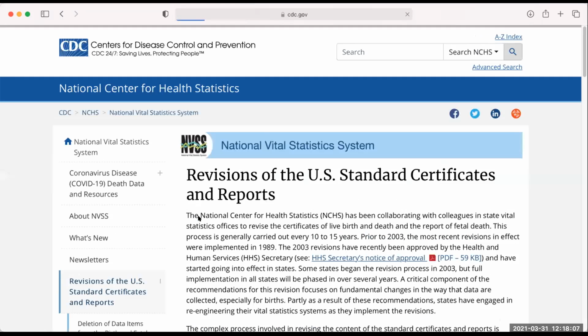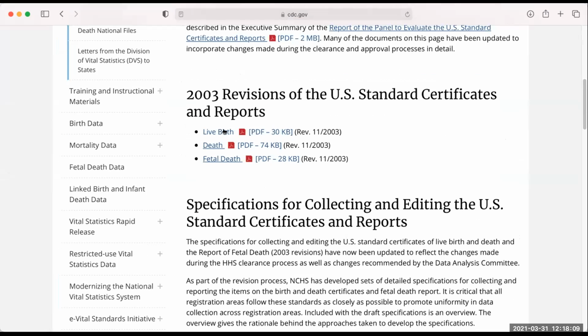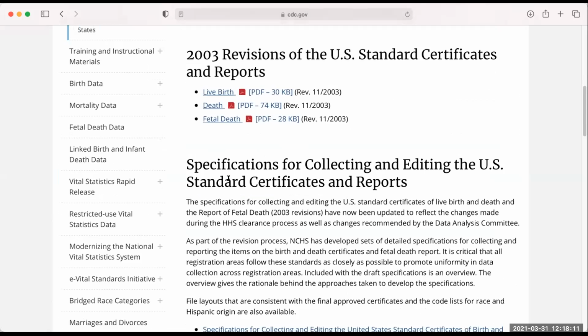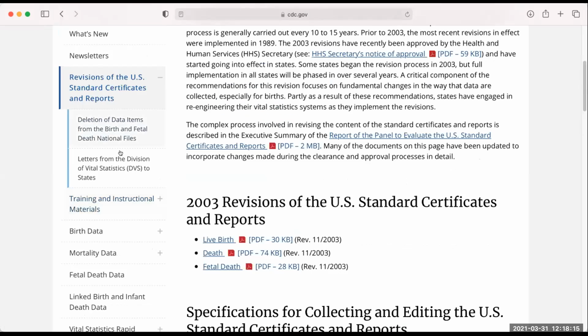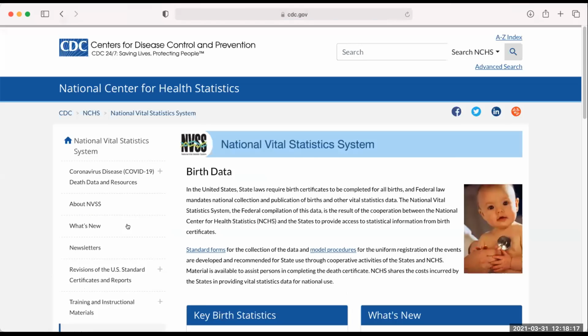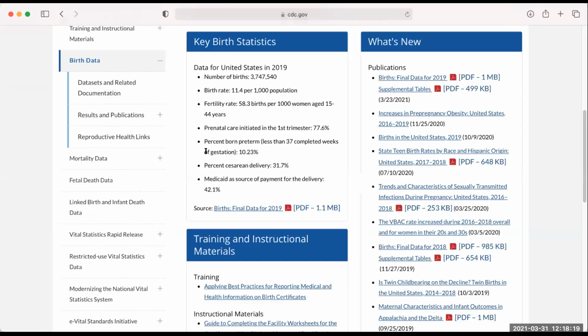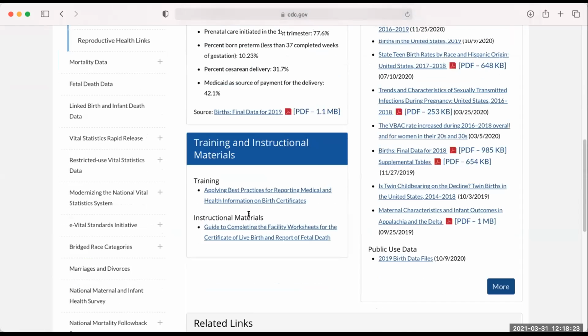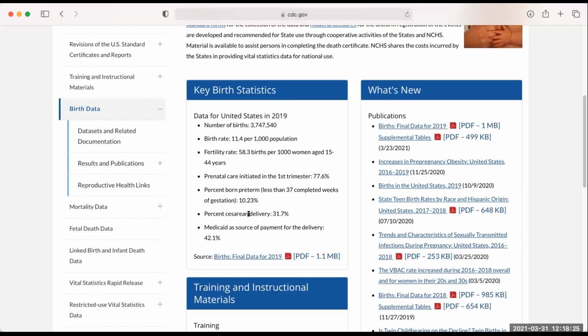So if you're wondering, well, what are they asking? Well, we can go ahead and look at the specific forms there. But you can also go here directly to the data. And where does that leave us? Well, we get a snapshot. They'll give us a table. And at different points on the website, you can actually go and download Excel spreadsheets with this raw data.